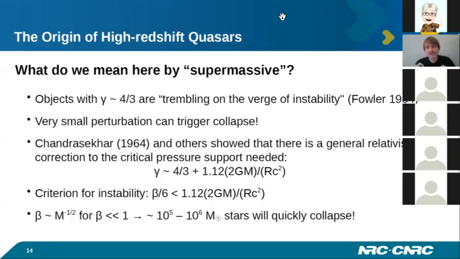Well, if you include post-Newtonian corrections, there is a small correction that you must include due to the change in the effect of gravity on the pressure gradient to the gamma 4/3 that slowly grows with mass.